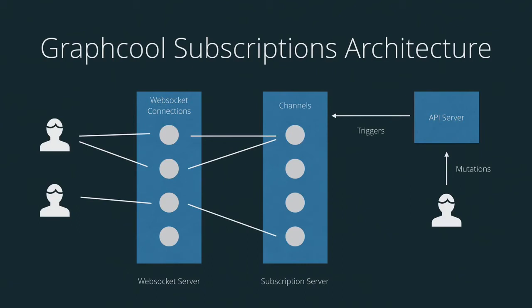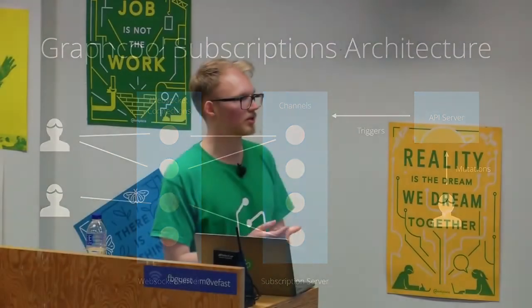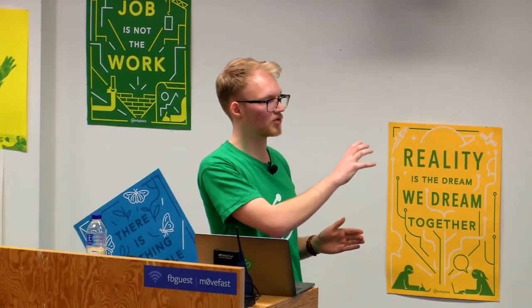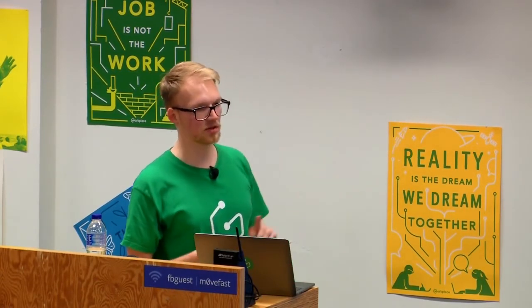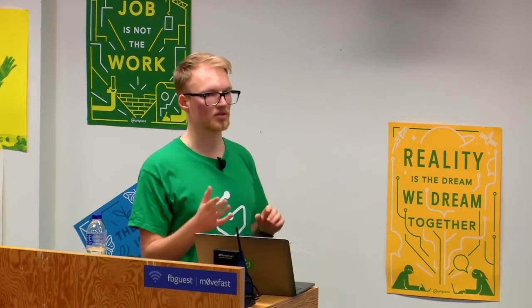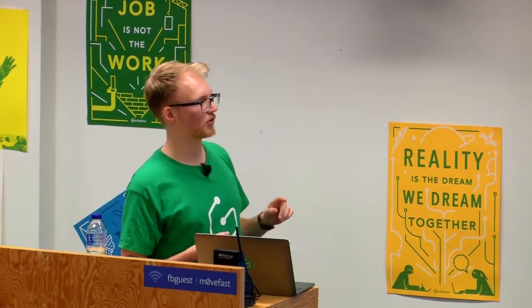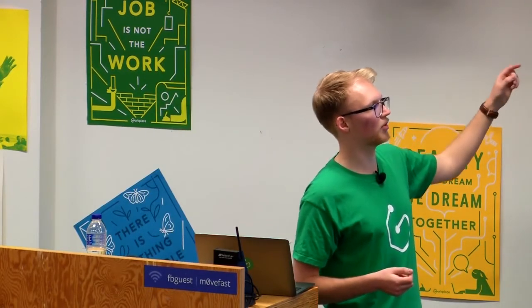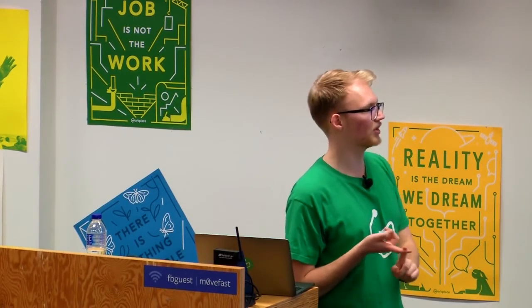The next level where we have to keep track of how things are working is how we map the actual subscriptions to the events. So we have what we call channels, which are basically buckets of subscriptions. So for example, we have maybe two users who are both subscribing to the message event.